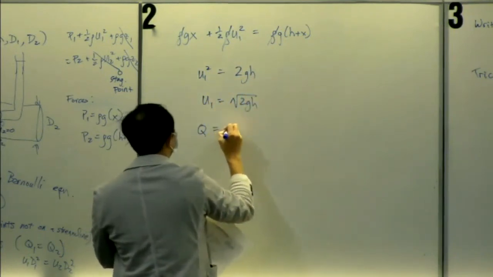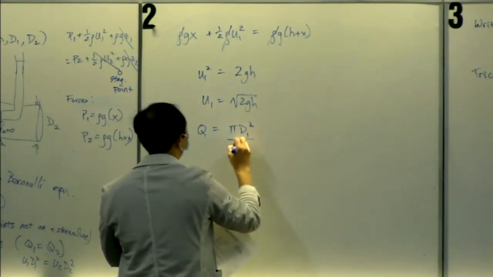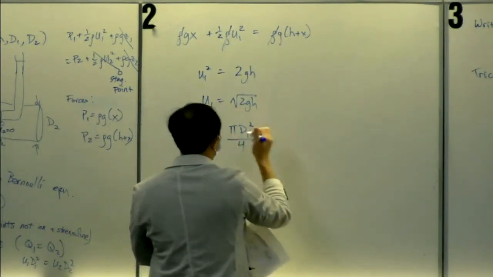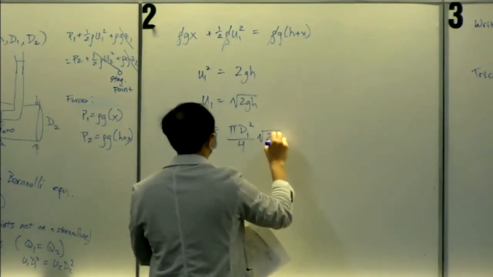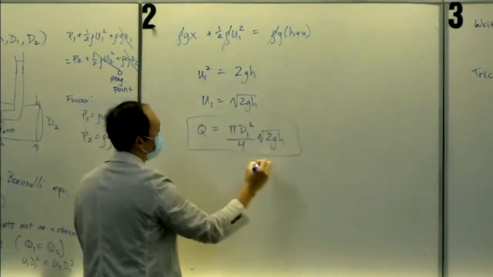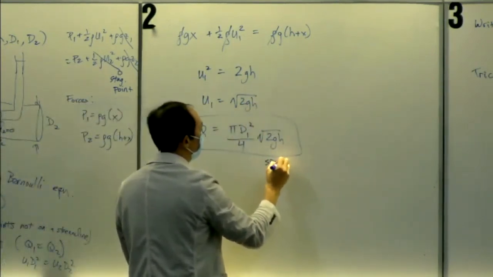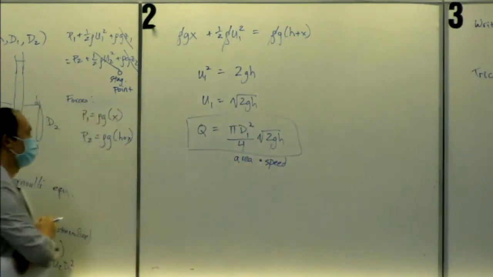Q is equal to pi D1 squared over 4 times this, the speed times the area. Speed times the area of the pipe.